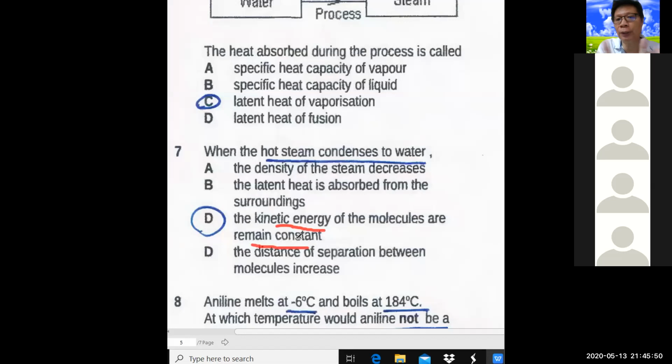During condensation, the temperature remains at 100 degrees. During condensation, boiling and melting, all these processes involve latent heat, so the temperature remains constant. When temperature remains constant, kinetic energy remains constant. I told you just now that average kinetic energy is a measure of temperature.